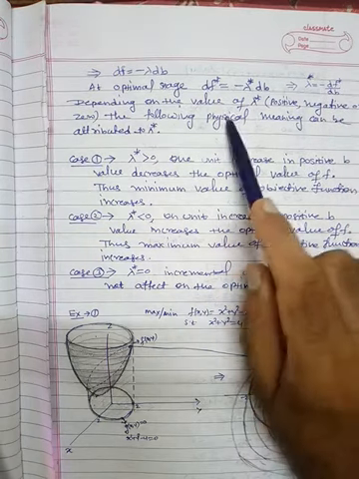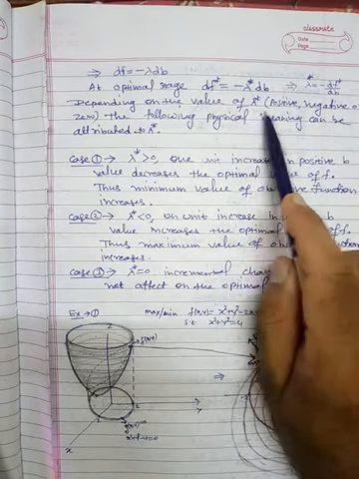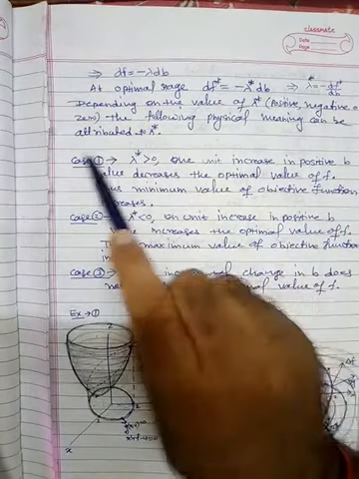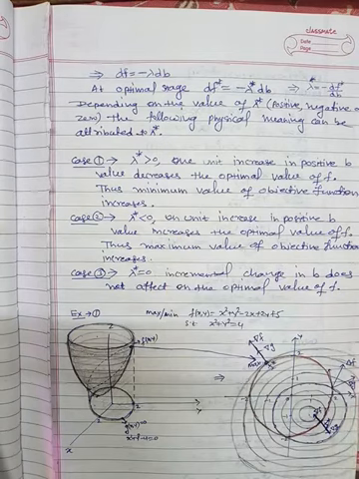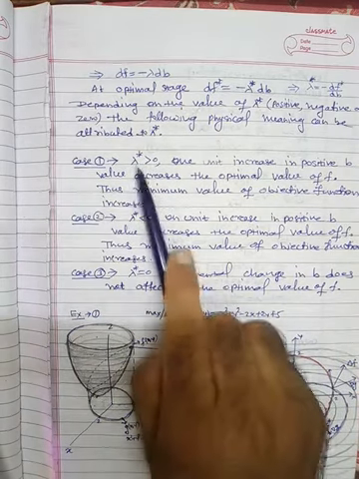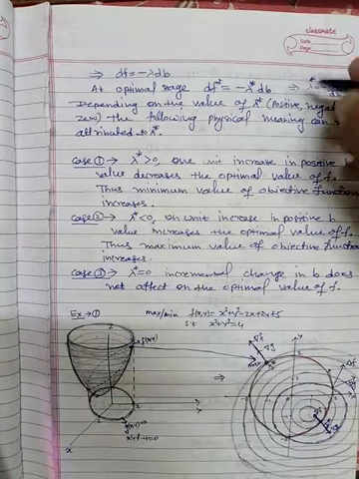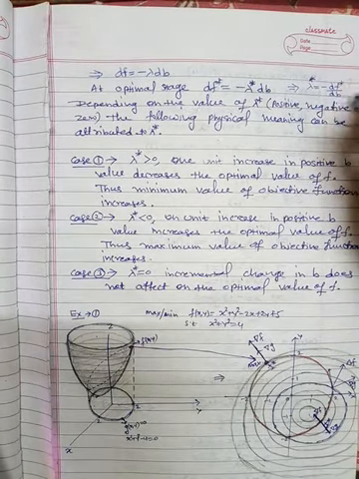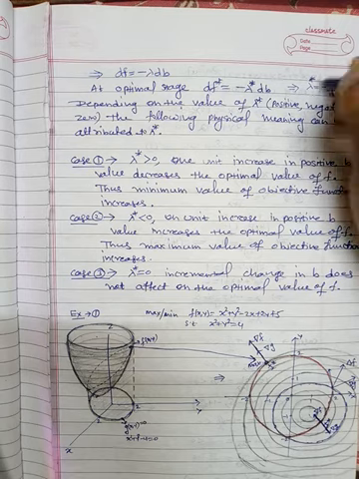So depending on the value of lambda star, positive, negative and zero, the following physical meaning can be attributed to lambda star. ठीक. So now here first case, when lambda star is positive, so you will see when this quantity is positive, so this quantity should be positive. तो जब ये positive हुआ तो ये भी positive होना चाहिए.